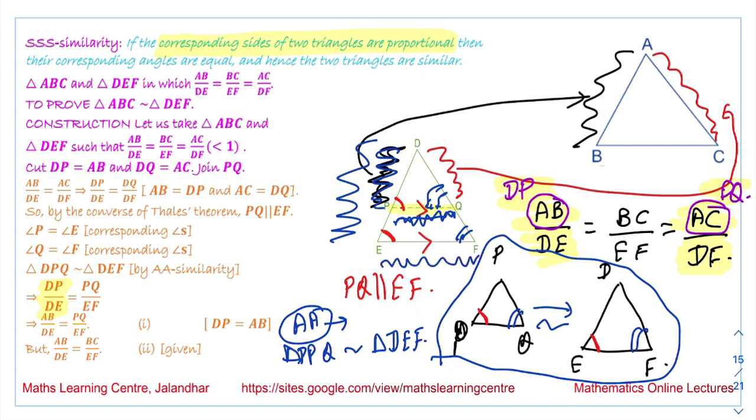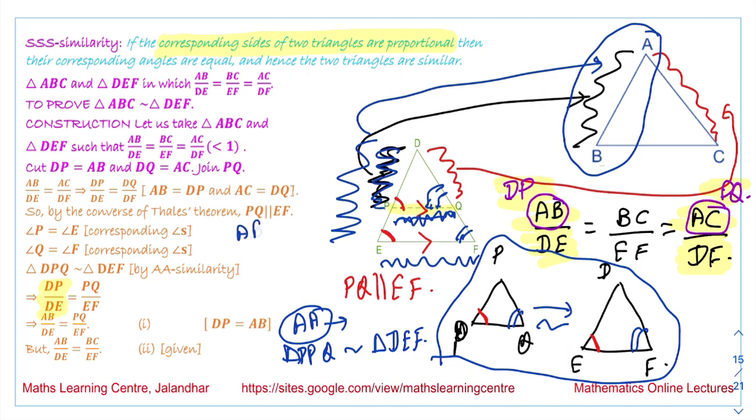Replacing DP with AB, since DP is equal to AB, we get that AB over DE is equal to PQ over EF.